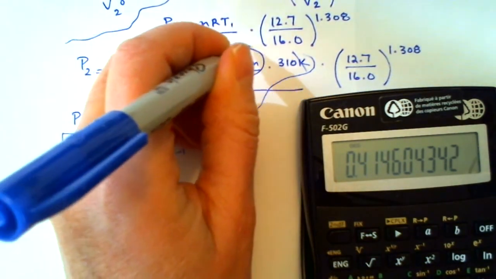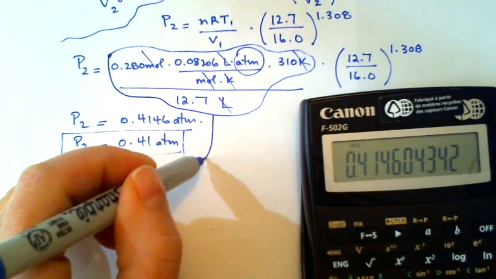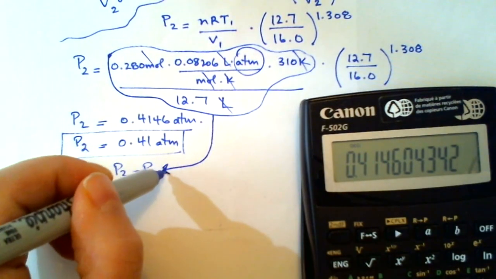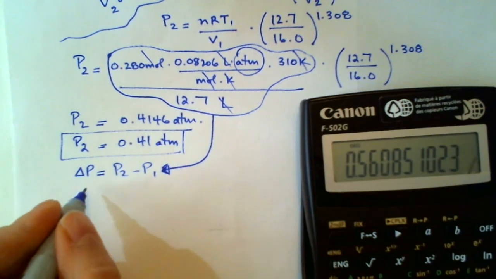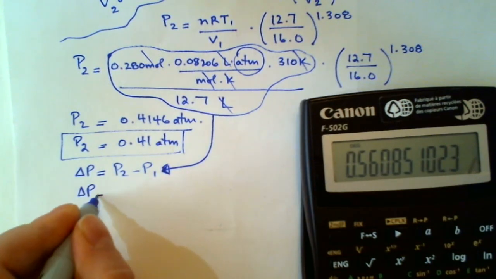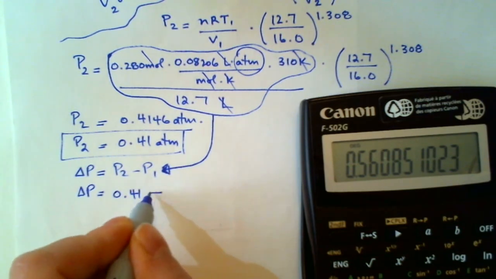Maybe we could just calculate that right now, or P1, because we did find P2. And so that's 0.28 times 0.08206 times 310 divided by 12.7. P2, 0.41.